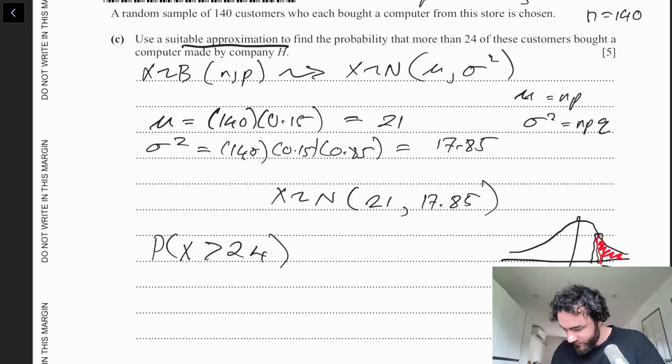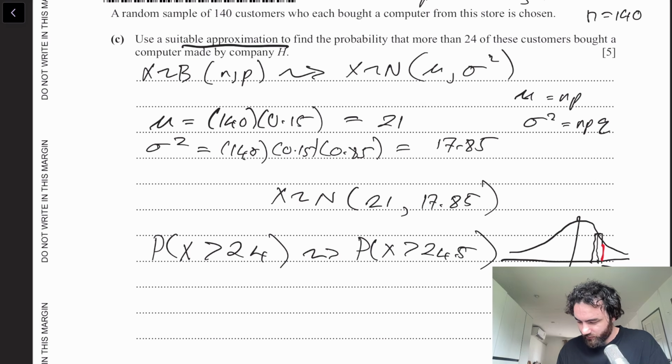We're looking for above this bar, above this line here, which is 24.5, where this bar ends. So for this approximation, we'll need to find this. And I think that's why this question is worth 5 marks.